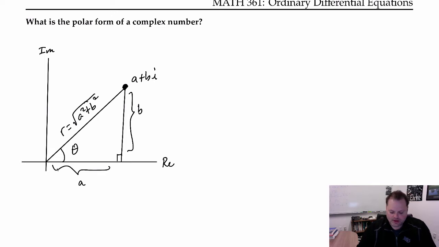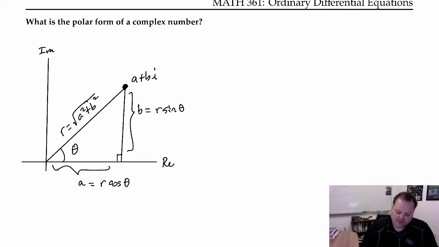And so the change of variable for polar coordinates here is if you have a plus bi, or maybe x plus iy, depending on how you want to look at it, we know that b is r sine theta, and we know that a is r cosine theta. And so the modulus then is just r.